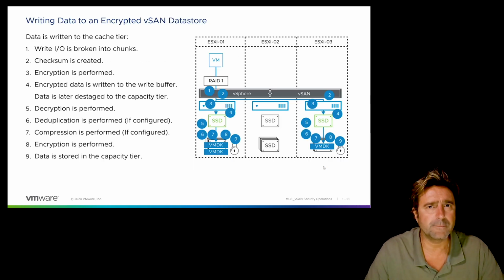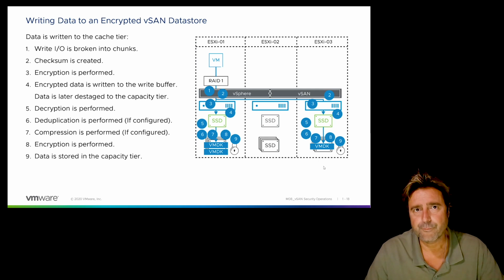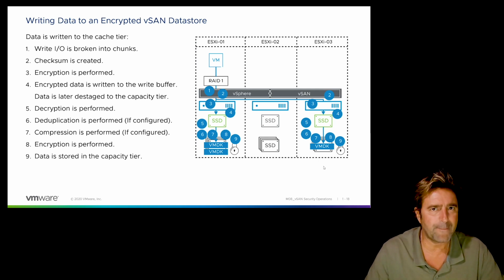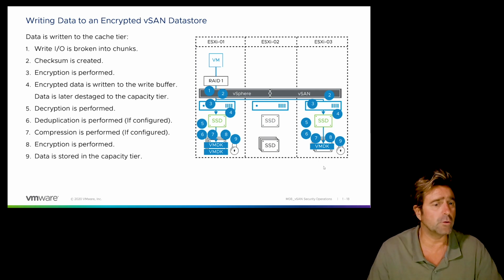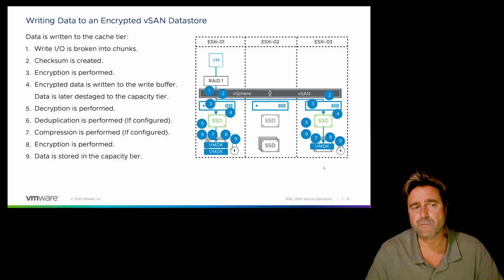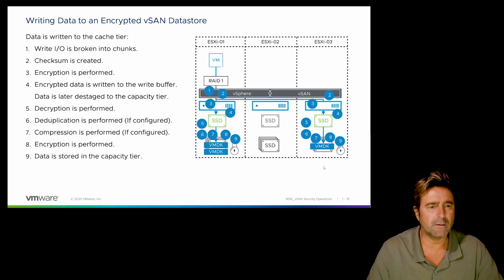Now, when you take a look here, we are trying to explain to you what happens when you write data into your virtual disk. Now, let's take a look. When you look at the steps on the left side, first, they tell you that the I/O is going to be broken into chunks. At that point, a checksum is created.